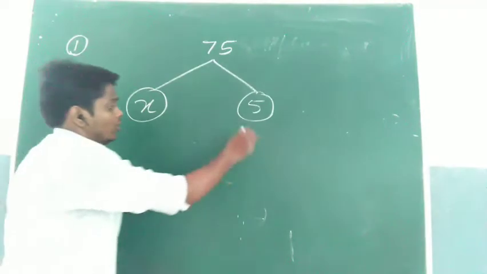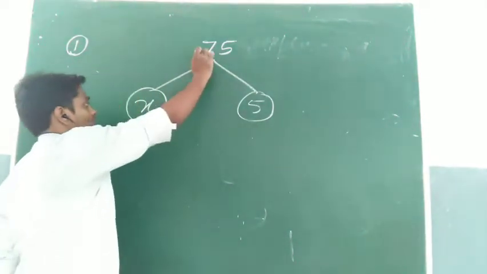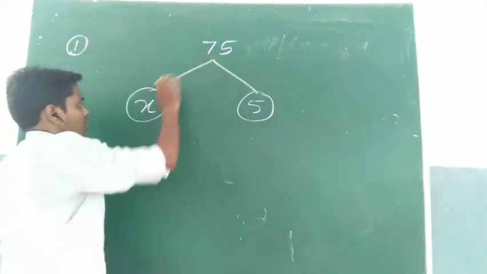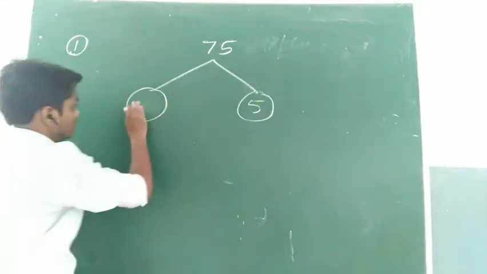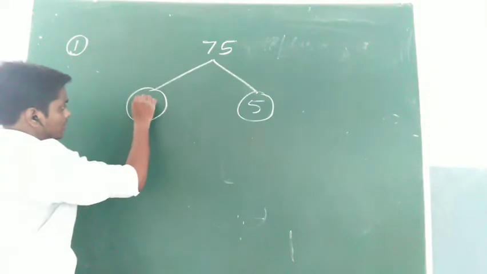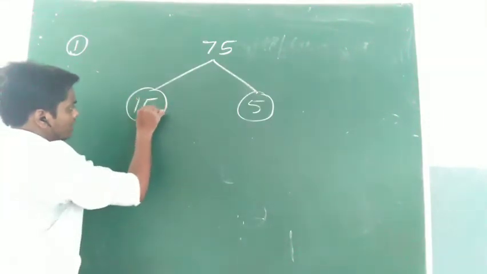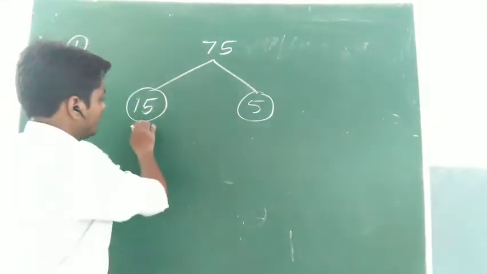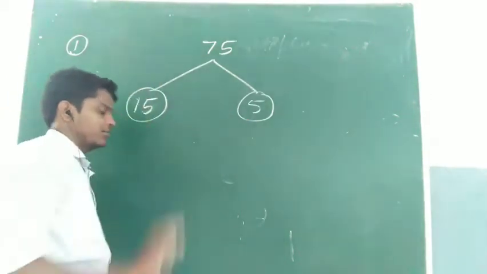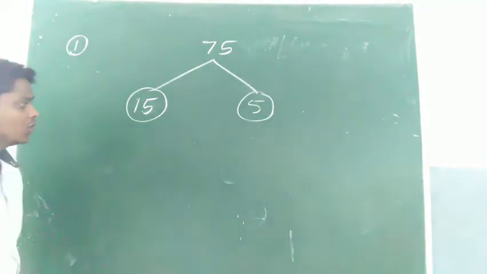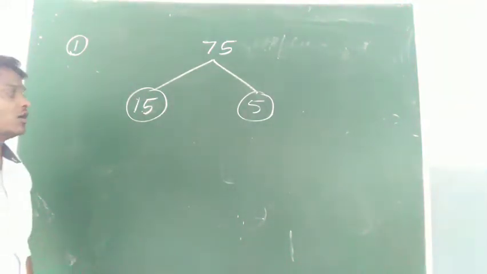So from this branch we will divide the root. What is that? 15. 15 will be here and 5 is here. 15 times 5 is 75, so this is your branch of 75.